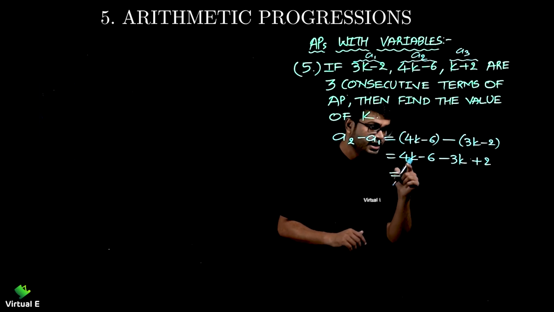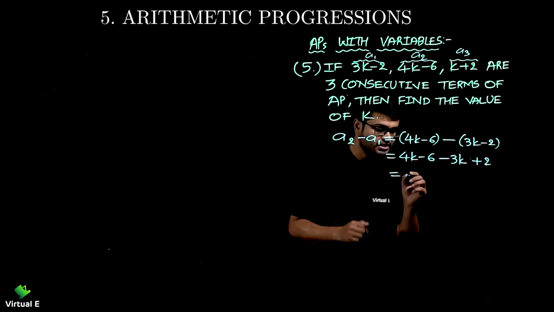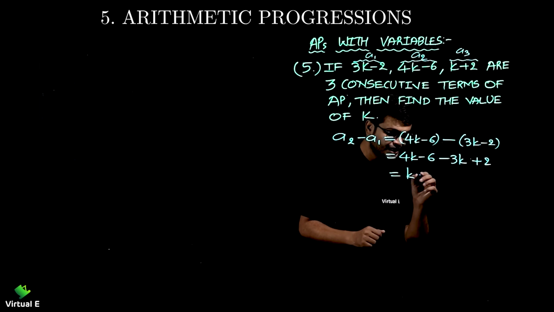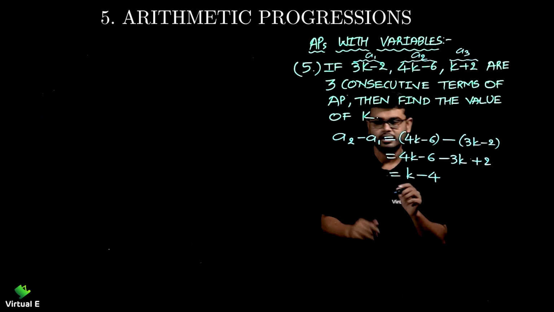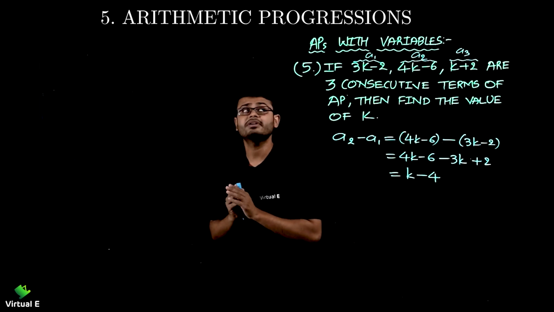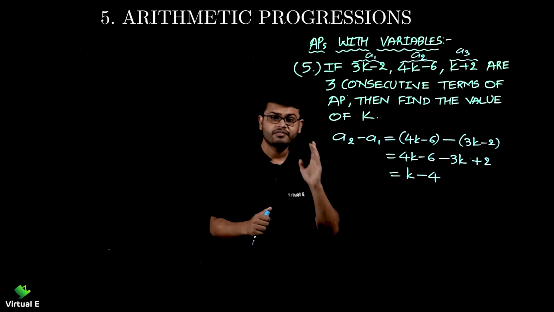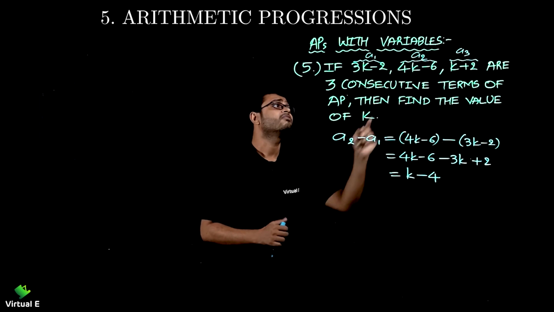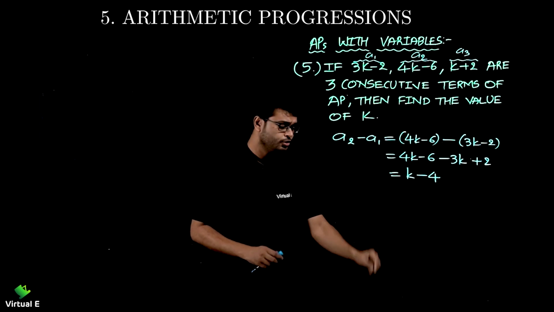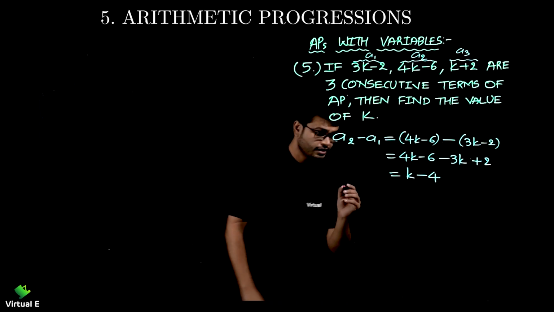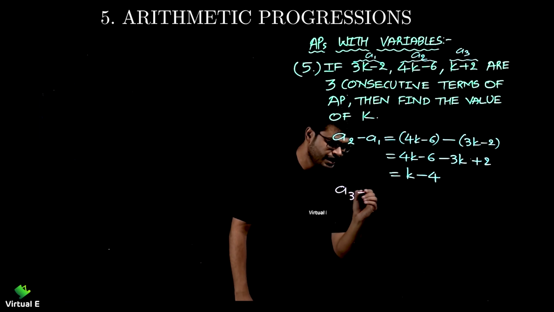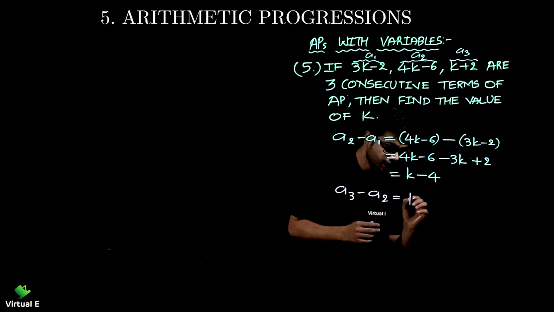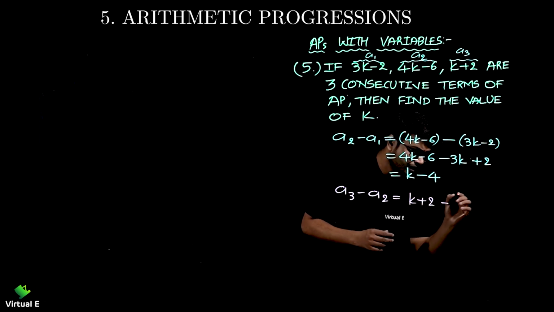Let's simplify. 4k and minus 3k, what's the value? K only. Minus 6 plus 2, that is minus 4. That's done. A2 minus A1, second term minus first term. Answer is k minus 4. Let's do the same for A3 minus A2. A3 value is k plus 2 minus, in bracket.